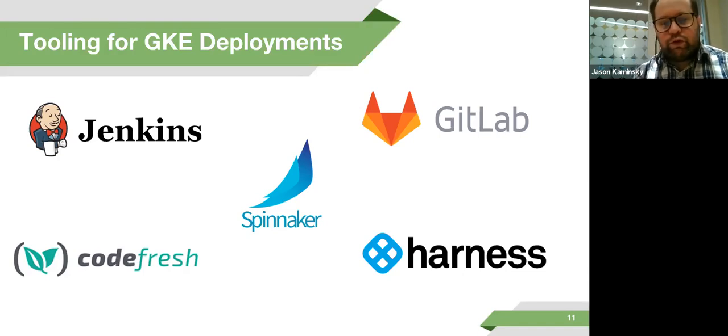Spinnaker is a tool that you may or may not have heard of. We'll talk about it a little bit later, but it is a tool that originated from Netflix and is starting to get a lot of hype and a lot of steam. And then CodeFresh, we at RLT partner with CodeFresh as a SaaS-based solution to simplify and cleanly deploy your applications within GKE or any other Kubernetes environment.